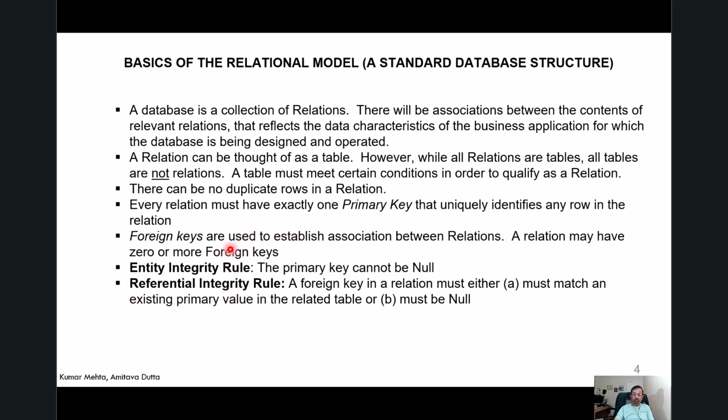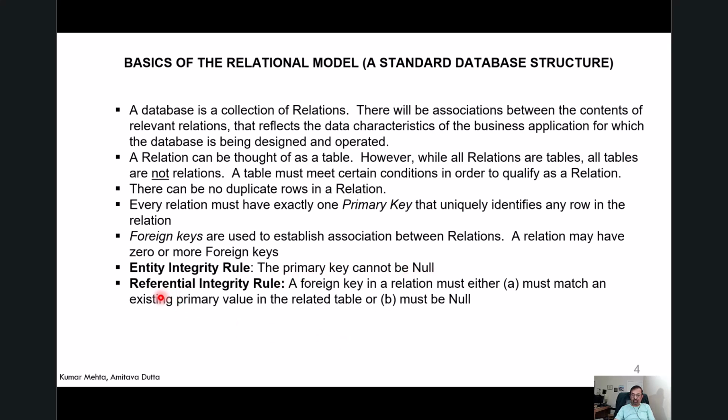Now, these two rules, the entity integrity rule and the referential integrity rule, are just fancy names for a very basic idea. I'll go back to the picture and explain those to you, but let me just state them first. These two rules are absolutely central to the standard relational model. One is called the entity integrity rule, and all that the rule says is that the primary key cannot be null.